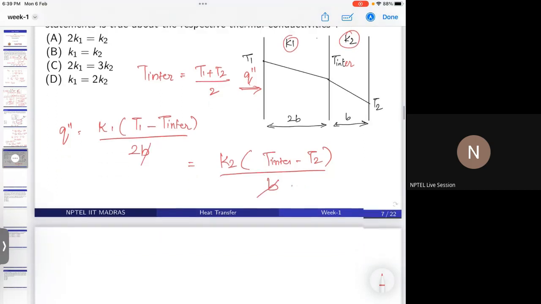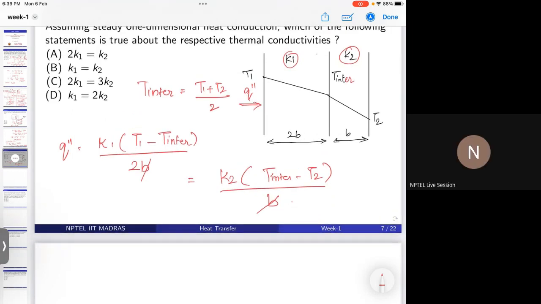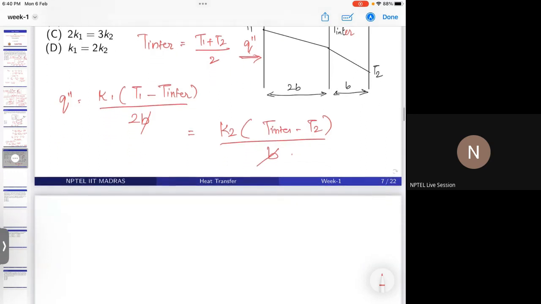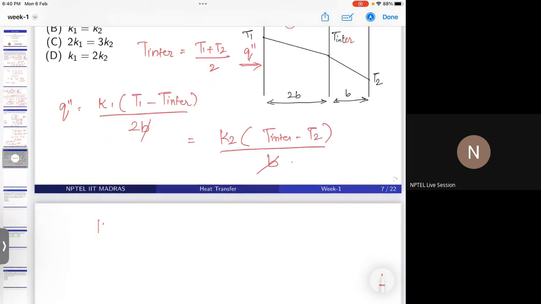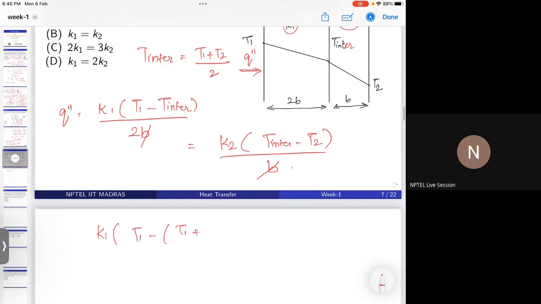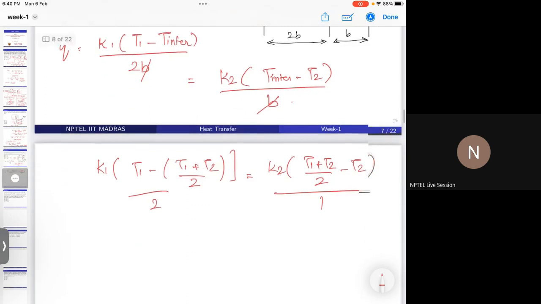Is the answer D? Answer is D, sir. K1 equal to 2 K2. Yeah, that's right. So that is K1 times T1 minus T inter, and I am substituting T inter as T1 plus T2 divided by 2, which is equal to K2 times T1 plus T2 by 2 minus T2, divided by 1. Okay.